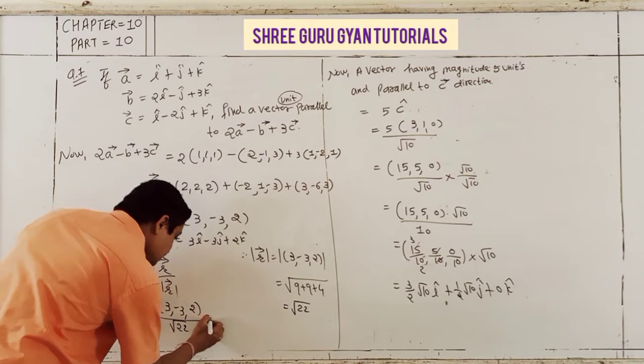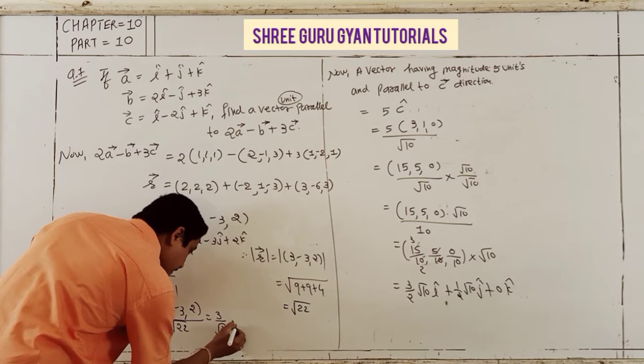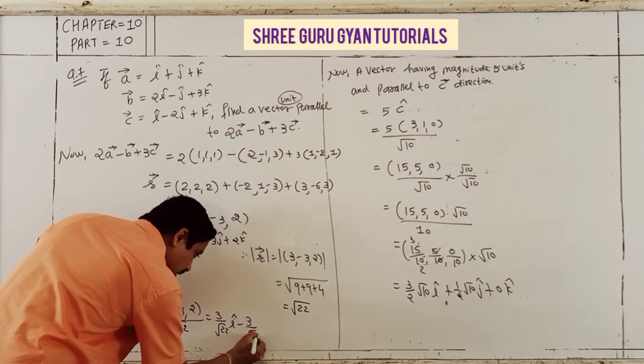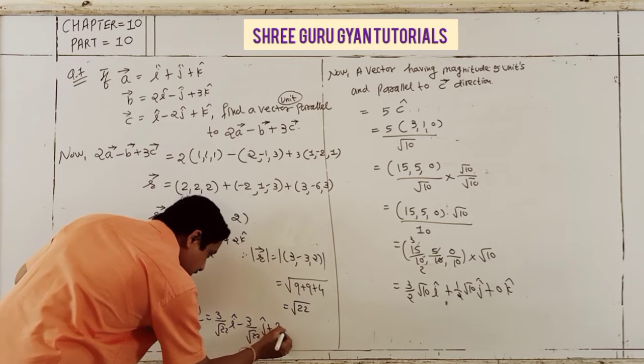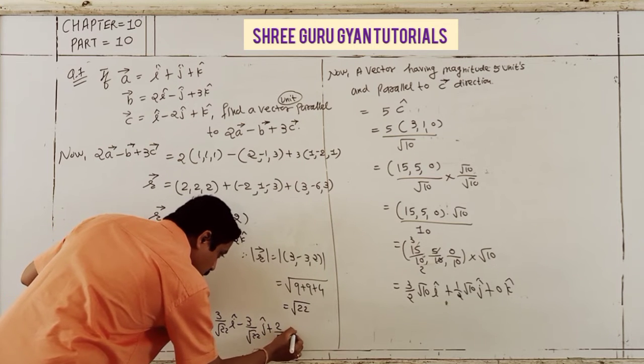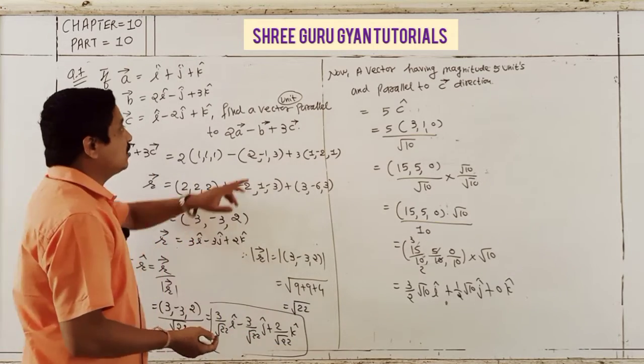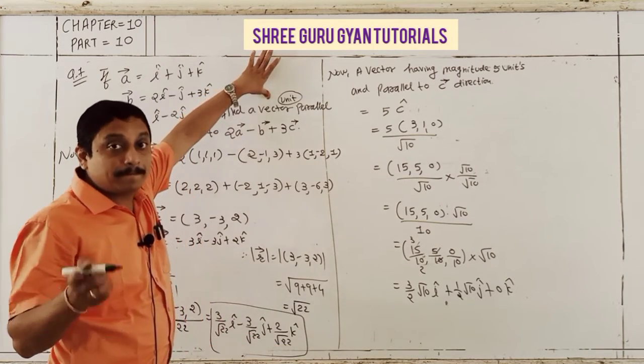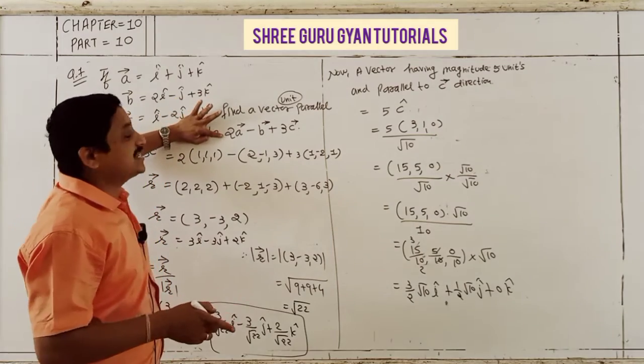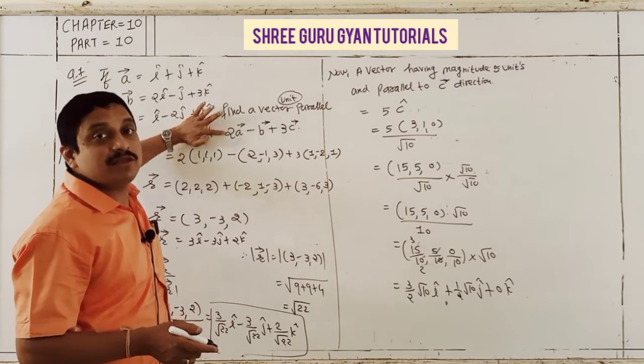My answer is 3 by root 22 i - 3 by root 22 j + 2 by root 22 k. That's your answer, a unit vector parallel to the direction 2A - B + 3C.